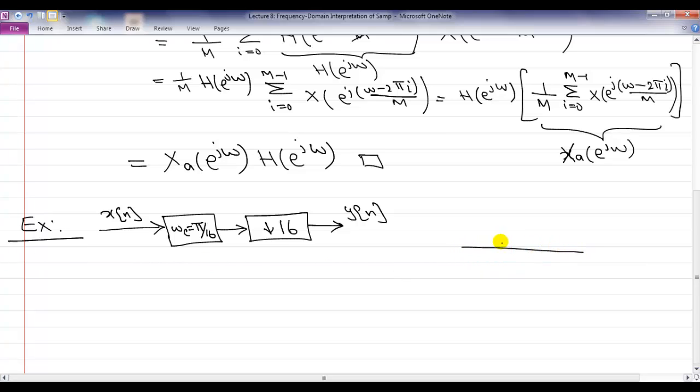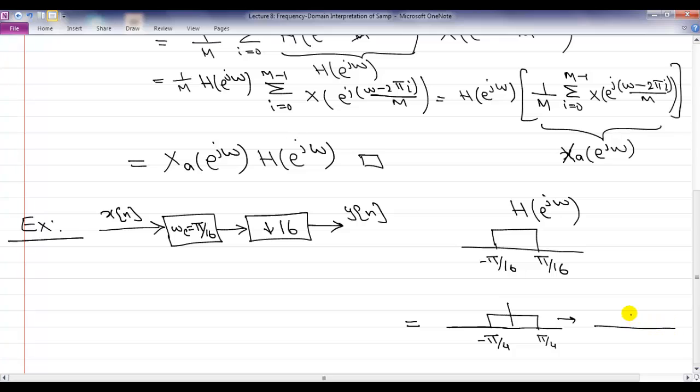If I am given a low-pass filter which has a cutoff at π/16, this low-pass filter can be equivalently represented as a cascade of two low-pass filters, where I first do low-pass filtering with π/4, and then I do low-pass filtering with π/16.